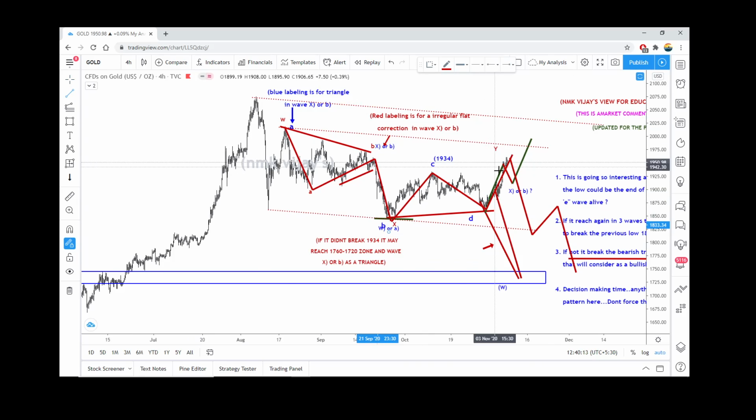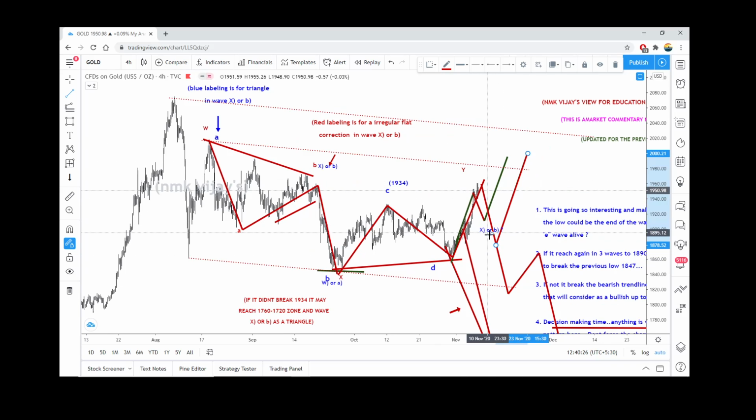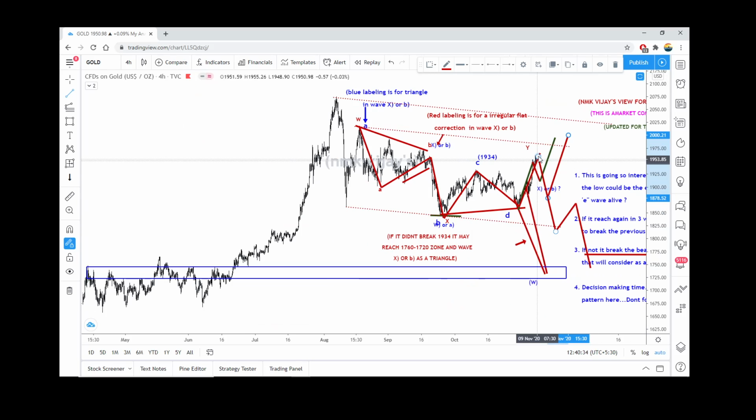So how that will be means what I said in that silver, there is a connecting wave. This is a W, this is a X, so ABC W and again X. So in that case it can move A, B and C, so in between the running flat, and then there is a lot of chances for making one more high and then drop. So mind that there is a lot of possibilities here.